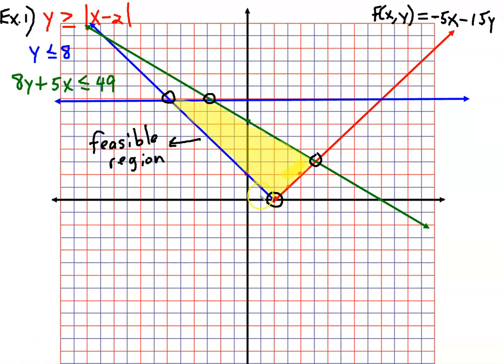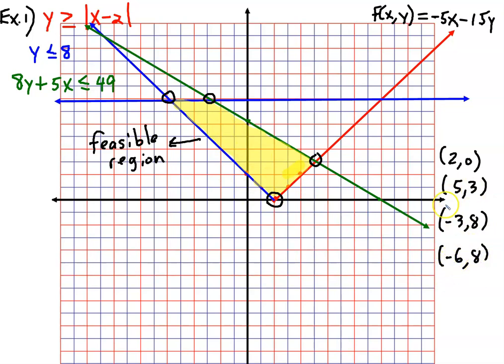All right, so if we were to list these vertices out, down here we have the point (2, 0). Over here we've got the point, looks like (5, 3). This is (-3, -3), positive 8. And this is (-6, 8).